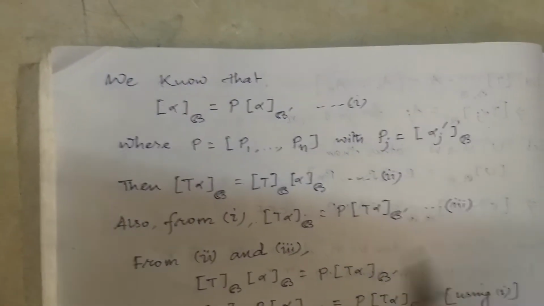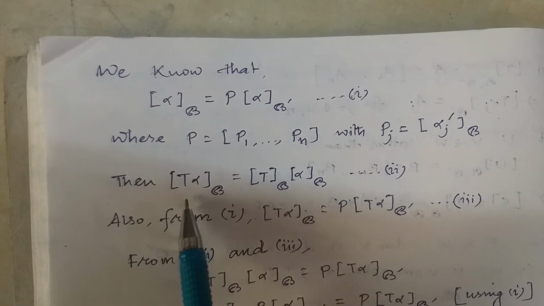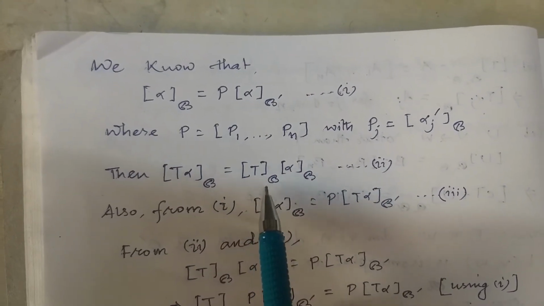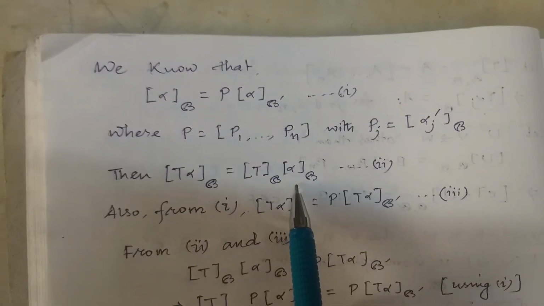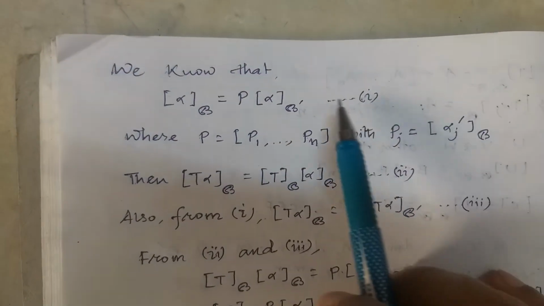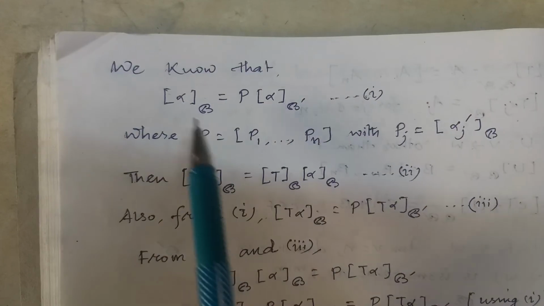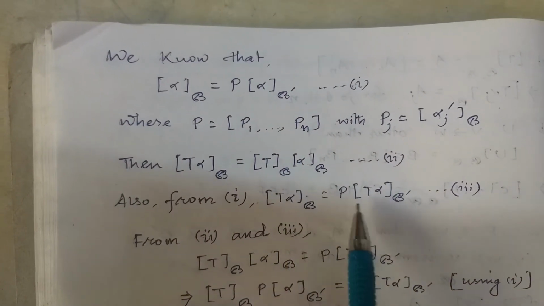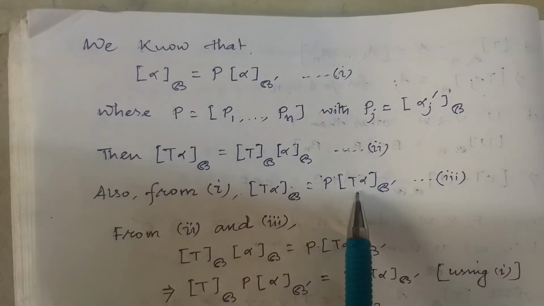Now the coordinate of T alpha with respect to B equals the matrix of T with respect to B into the coordinate of alpha with respect to B. This is equation 2. Again, from 1, the coordinate of T alpha with respect to B will be P into the coordinate of T alpha with respect to B dash. This is equation 3.